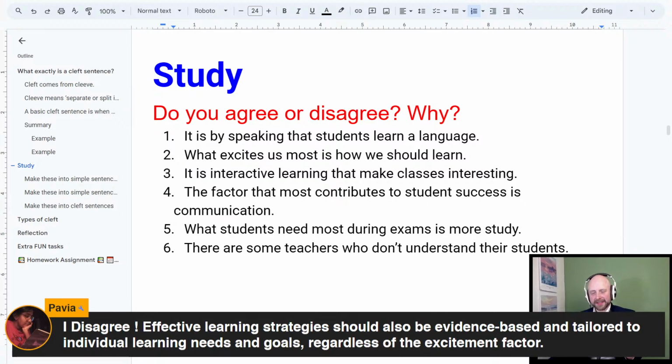Excitement is evidence-based, because we know that students learn and retain things best when they are excited about it. So it is evidence-based, and it is tailored, because different things excite different people. Some people are excited by mathematics.